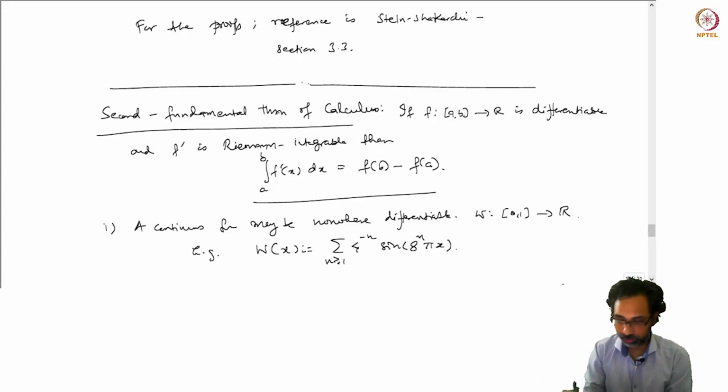On the other hand, there are continuous functions which might be differentiable almost everywhere, but for which these kinds of equations do not hold if we replace the Riemann integral by the Lebesgue integral.